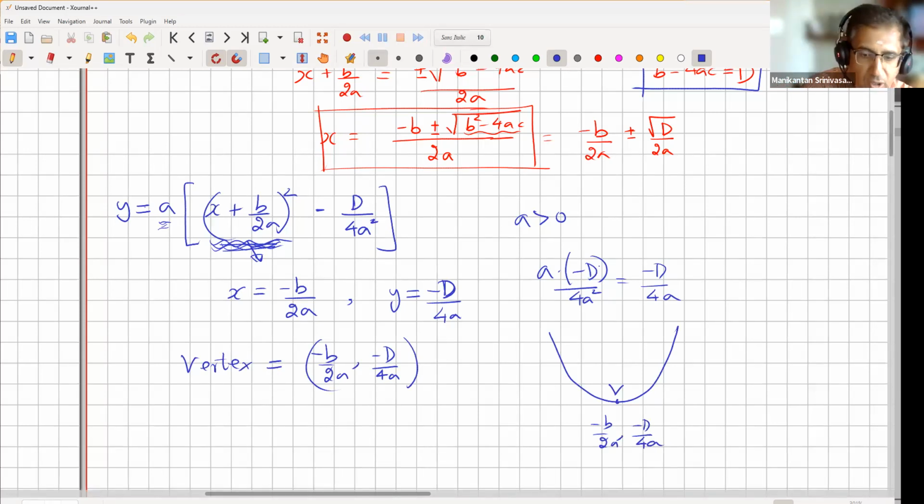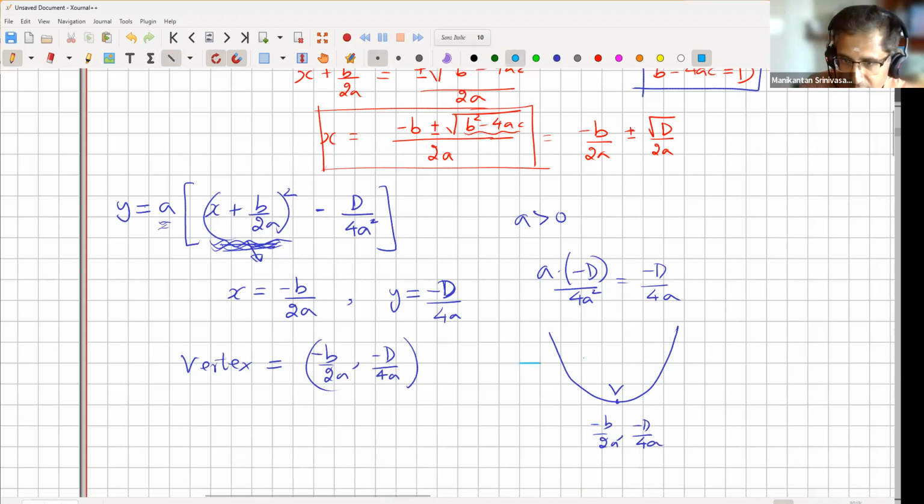Okay, and we saw that the roots are symmetric around it. So let's say it'll be like this. Just pretend this is the vertex, I'm not able to draw a straight line. The y-axis and x-axis are here. The two roots are symmetric around minus b by 2a.